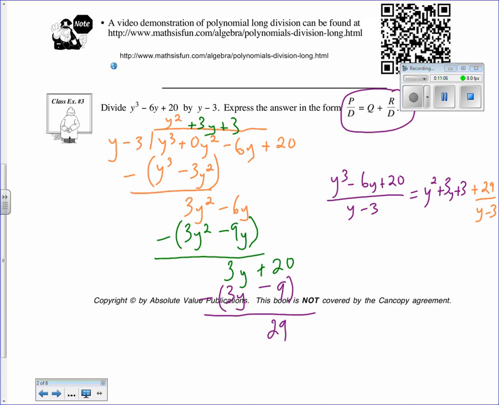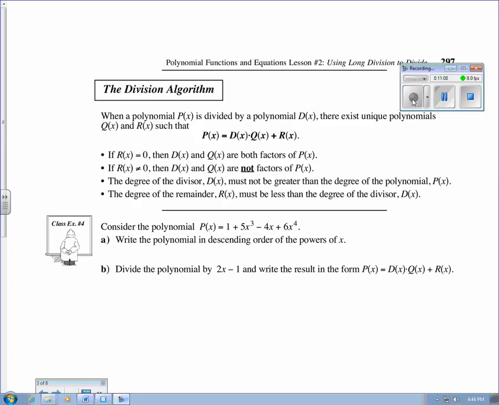Let's turn the page. So we have some language that we're being introduced to. When a polynomial is divided by a polynomial, p(x) and d(x) respectively, we're going to get a quotient and a remainder statement, a polynomial statement that meet the following criteria.